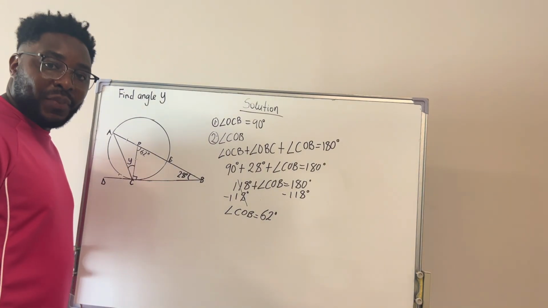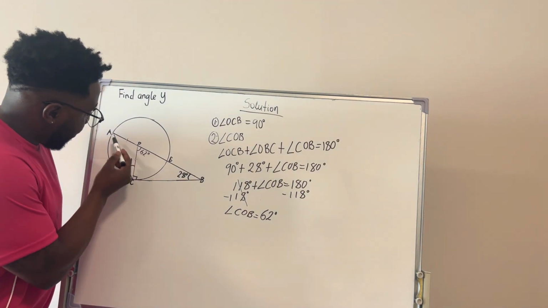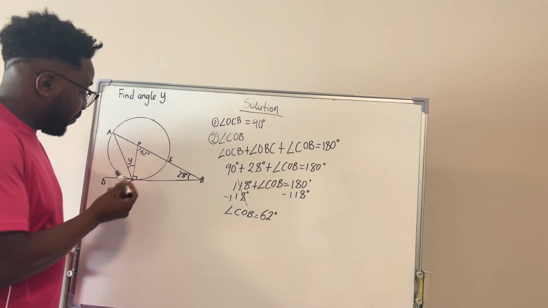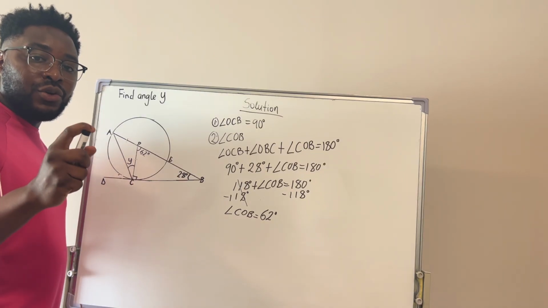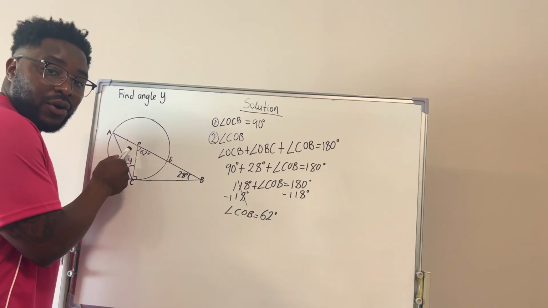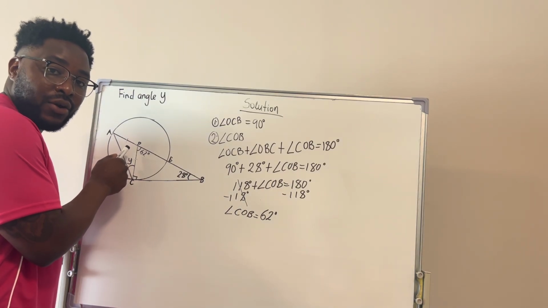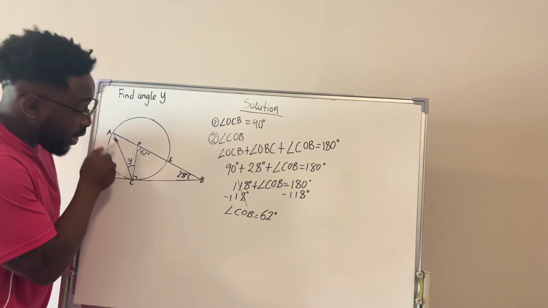Okay, so the first way is we're going to use our triangle exterior angle property. As we can see, we have this isosceles triangle over here, and we have an exterior angle over here. We do know that an exterior angle of a triangle adds up to what?